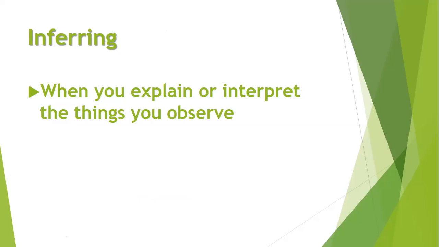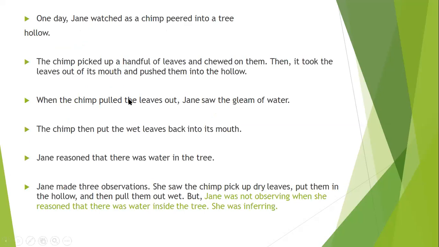The second skill you use when you are doing science is inferring. Inferring is when you explain or interpret things you observed before. For example, one day Jane watched a chimp peer into a tree hollow. The chimp picked up a handful of leaves and chewed on them, then pushed them into the hollow inside the tree.